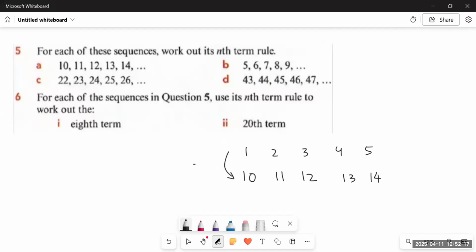We are adding 9 to it. Okay, this is the position number and this is the term. So the term is n plus 9. So the term rule would be 9 plus n for part A. For part B, 5, 6, 7, 8, 9.